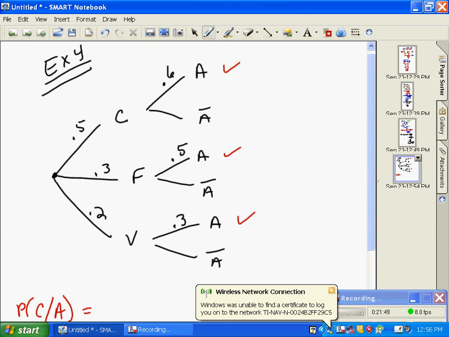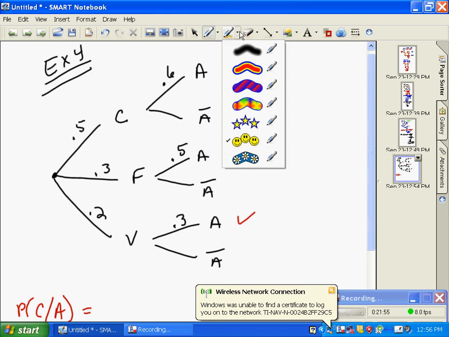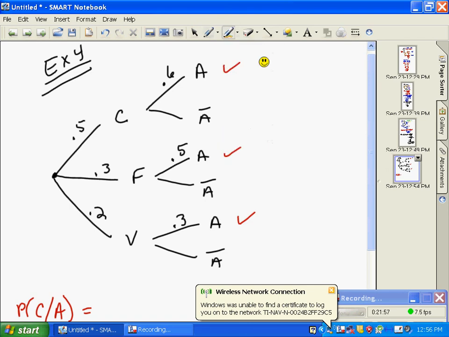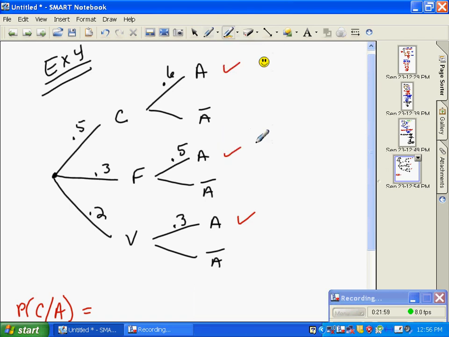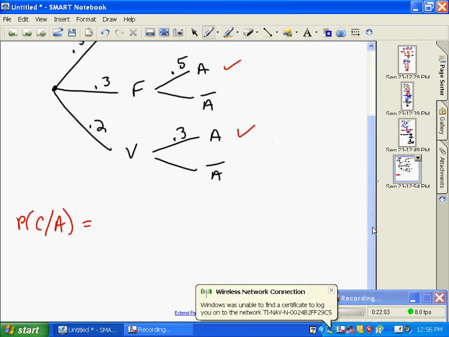What am I trying to find the probability of? What is the probability that we have a Chevrolet? So what's going to go in the numerator? I'm going to put a smiley face by it. In the numerator, I have 0.5 times 0.6. That's when they both happen at the same time.